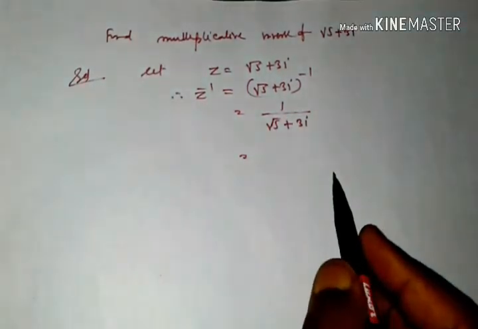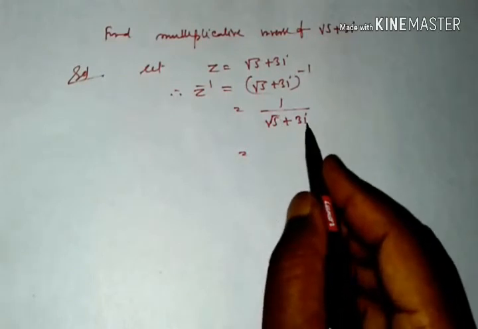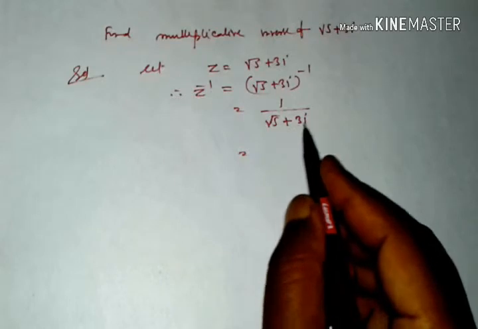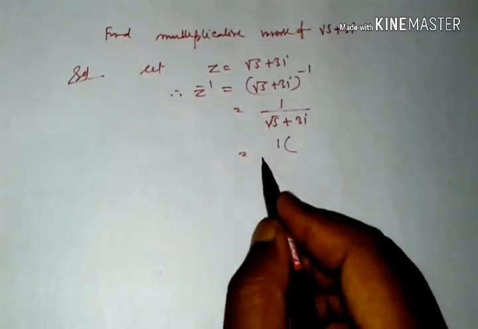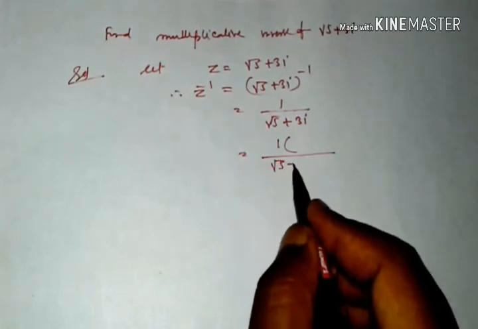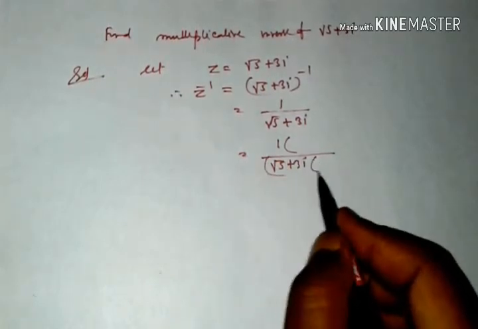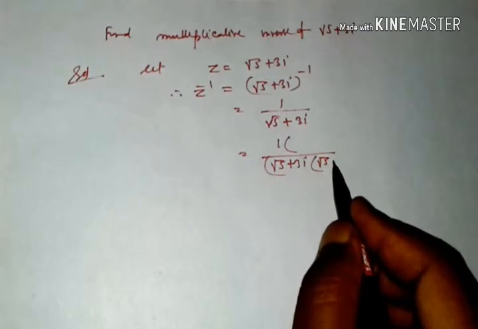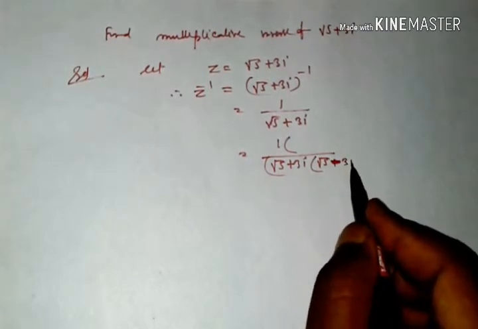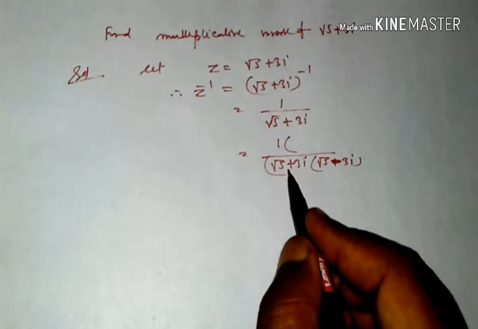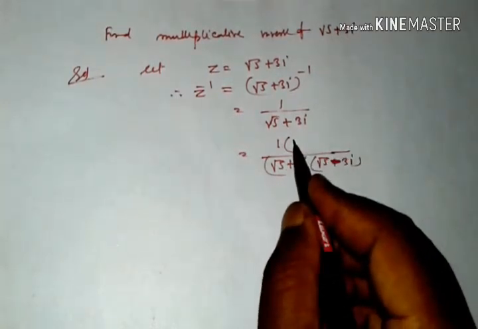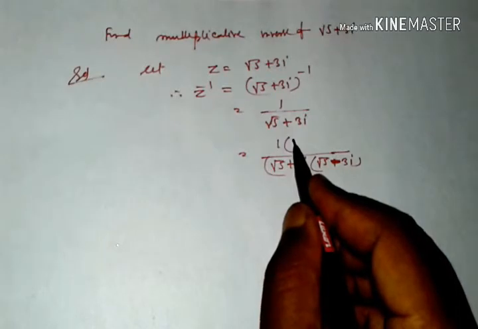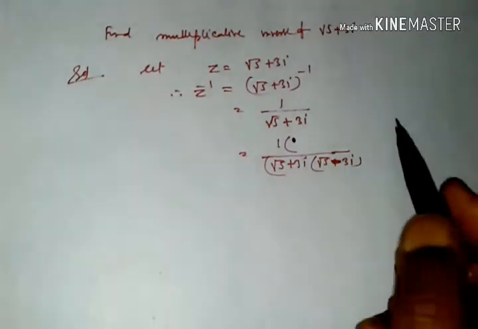Now we have to remove the imaginary part from here. We have to multiply the denominator with root 5 minus 3i, so that it is in a plus b and a minus b form, and this is to be multiplied in the numerator also.